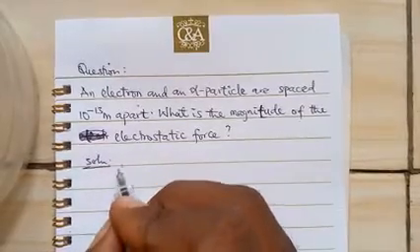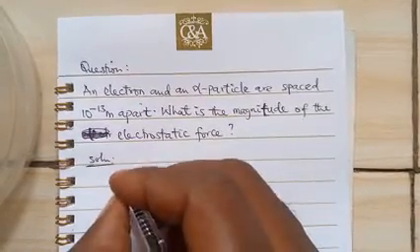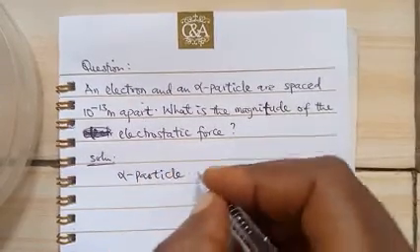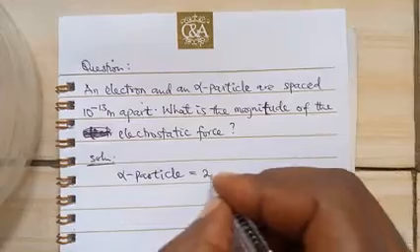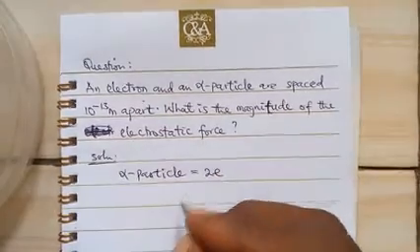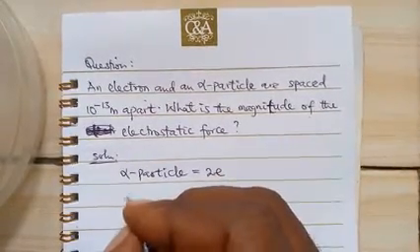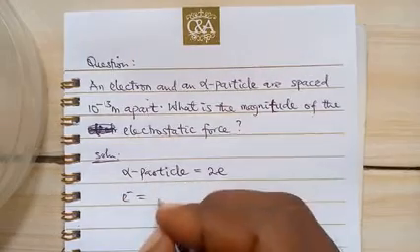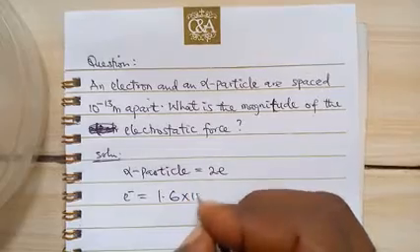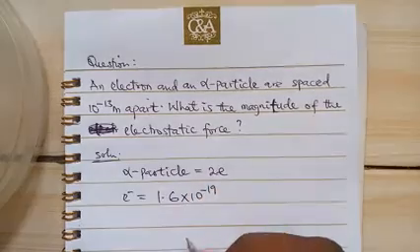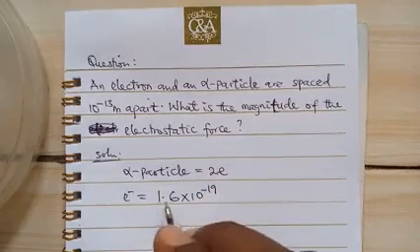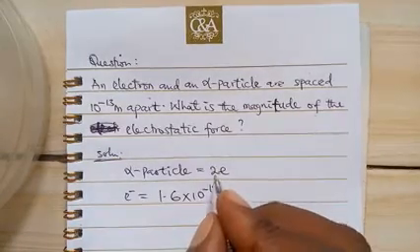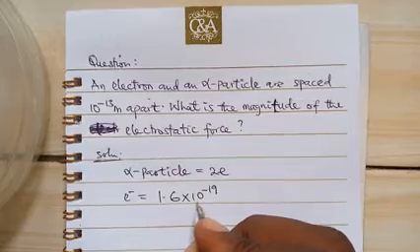We need to notice that an alpha particle is represented by a helium nucleus which has 2 protons' worth of charge. Now the charge on an electron, e, is 1.6 times 10 raised to power minus 19 coulomb, the charge on one electron. So for the alpha particle, it means it will now be 2 times this value.